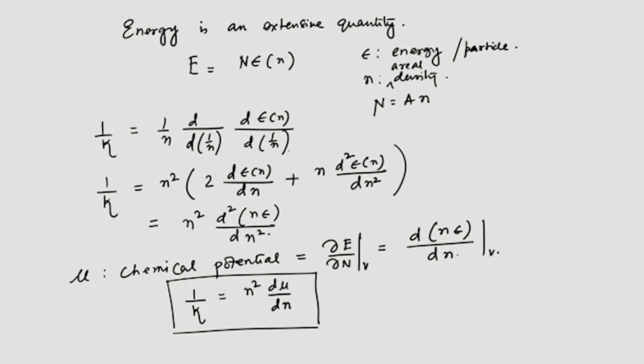That is how the chemical potential responds to the change in the number of particles. Okay. For the quantum Hall states, mu increases discontinuously.